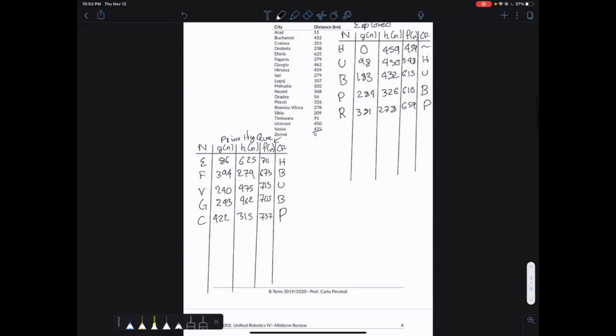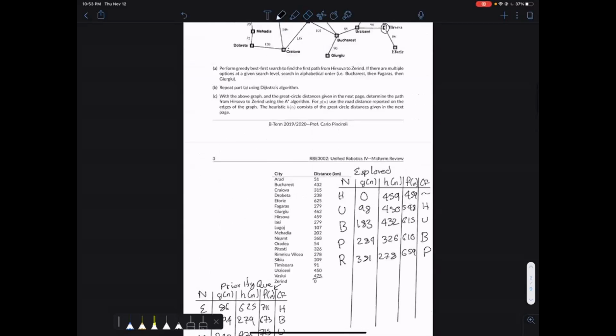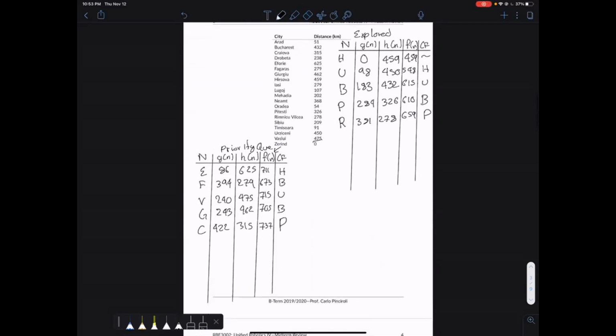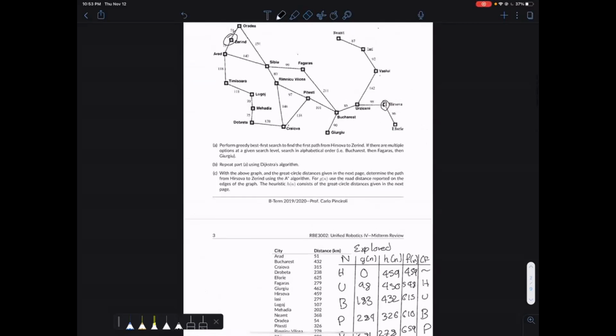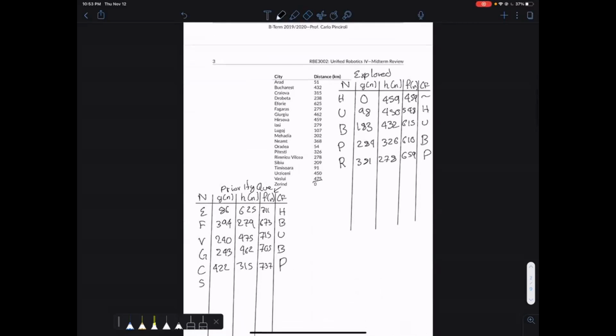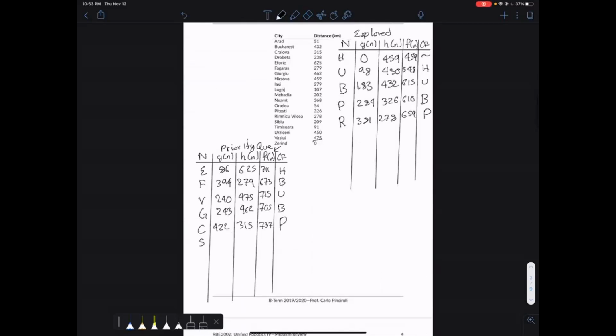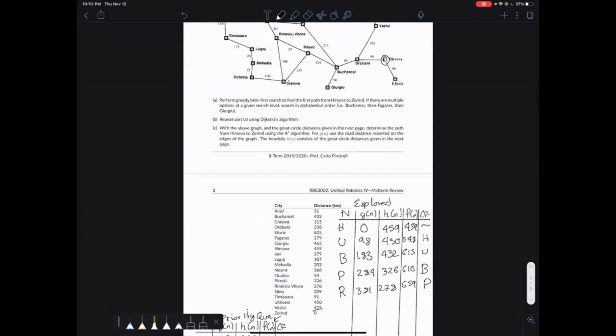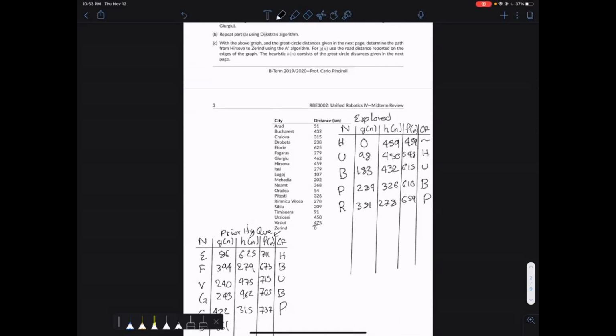Cool. Let's go ahead and then look at our next node. Our next node is going to be node S. Node S has a path cost of 80, plus our last path cost, so it's 80 plus 381, which should be 461, plus our H of N for node S, which is going to be 209.